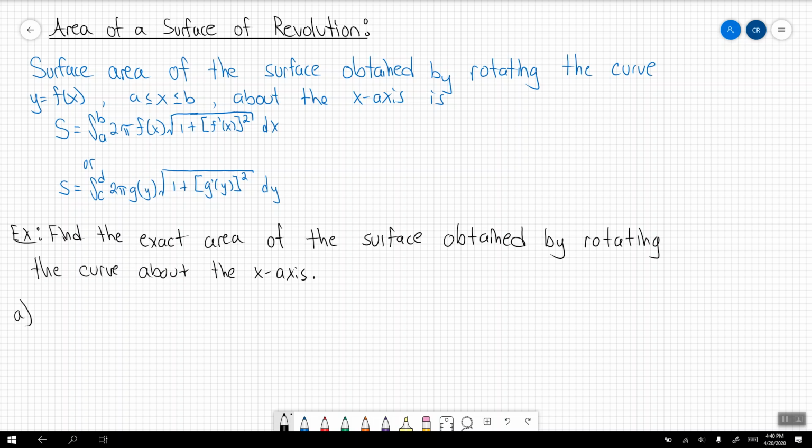And here we're going to have part A. This is y equals the square root of 5 minus x, for x values bounded between 3 and 5.